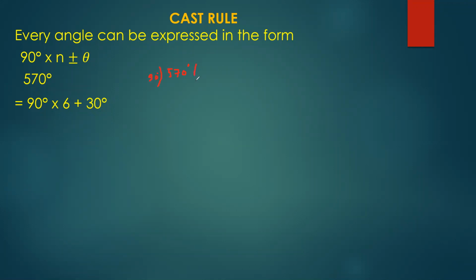Then you get 90 degree times 6 is 540 degree, and the remainder is 30 degree.